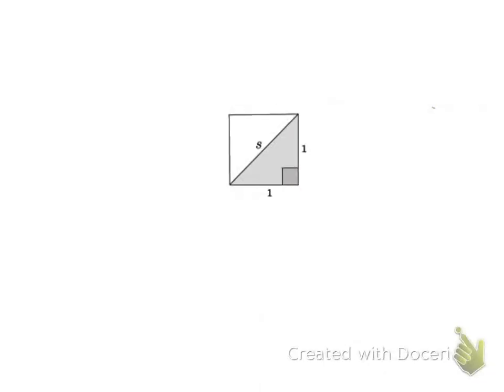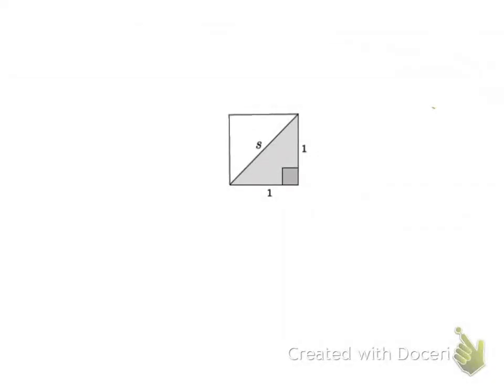Okay, so square roots is what we're going to be talking about, but we're going to start with a unit square. This square here has side length of 1, and it has a diagonal that we're labeling S. Since it's a square, we have a right triangle here. S would be the hypotenuse of that right triangle.